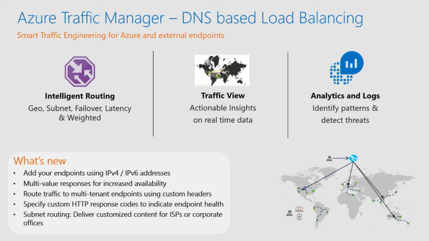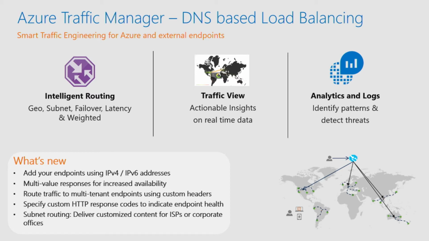Another value out of Traffic Manager is that we give you actionable insights on your end users. When people are connecting from different parts of the world, we keep track of it, and we'll present you with a visual or downloadable metrics on where they are from, what regions users are connecting from, what the volume of users connecting from different regions is, and what latency experience they're having.